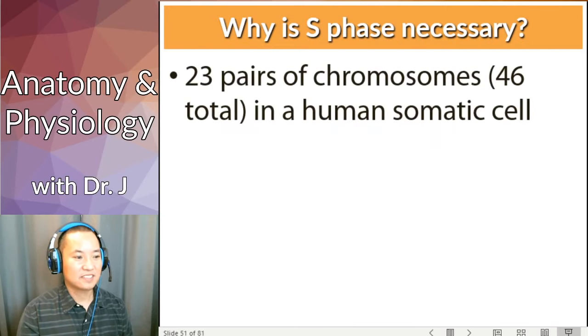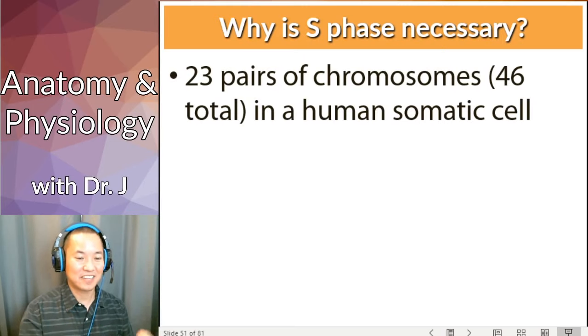S phase is necessary because you have all those chromosomes, all that DNA. But if you didn't make a duplicate and then divided it by half, you would keep on separating your DNA by half, by half, by half. And what happens if you multiply halves until infinite? What's 1/2 to an infinite power? That would be 0, right? So your DNA would be torn up into halves until pretty much almost nothing.